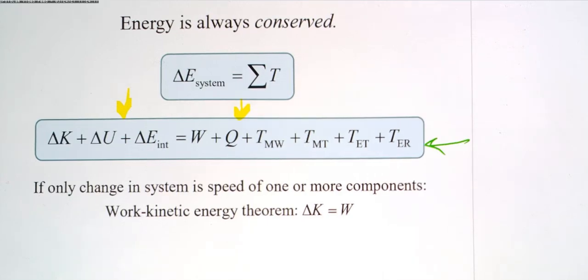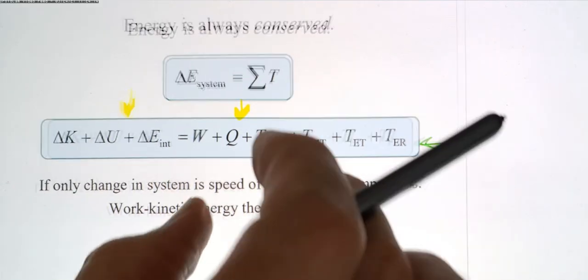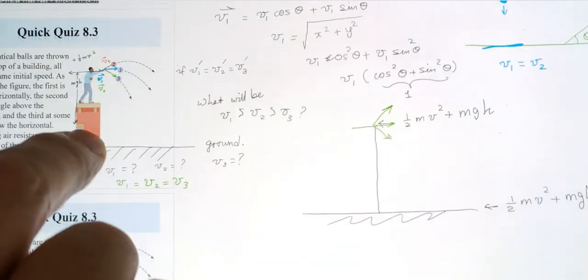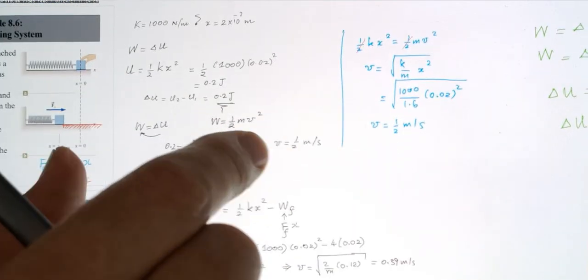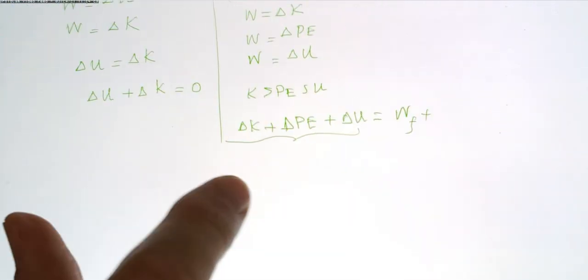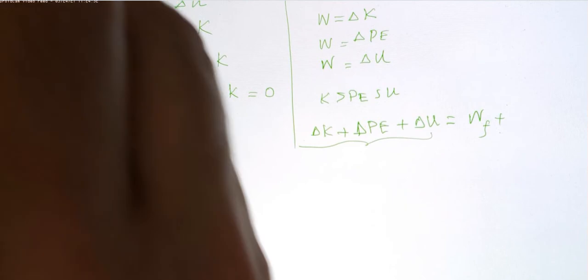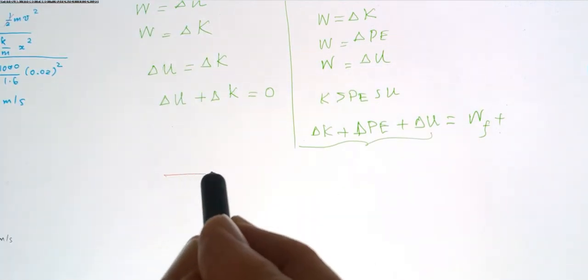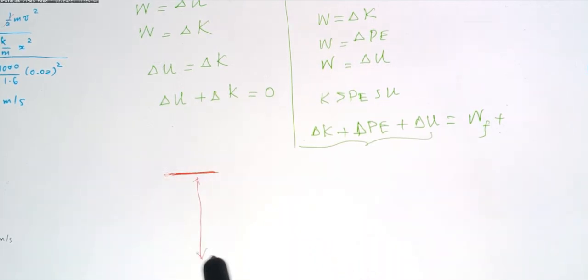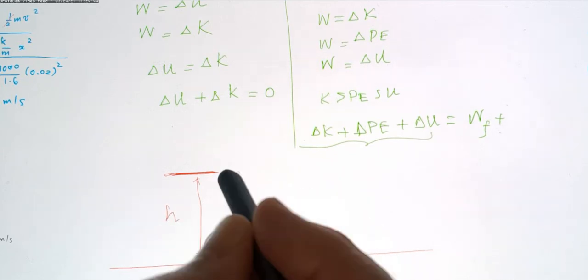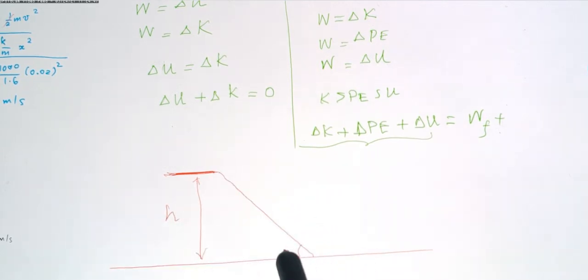That's correct. So you can have a problem with all three together. I've seen one in the book. For example, I can start with an inclined plane at an angle, with an object at a certain height, and at the end of the inclined plane there is a spring.